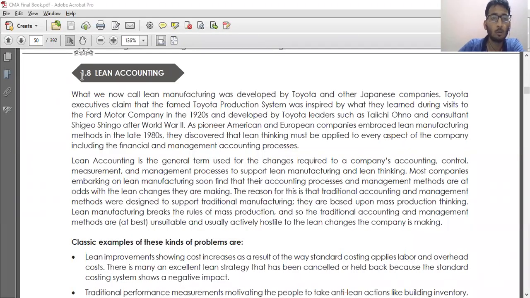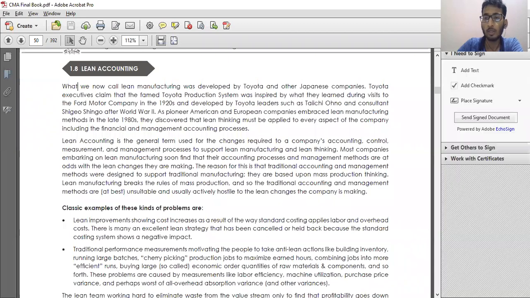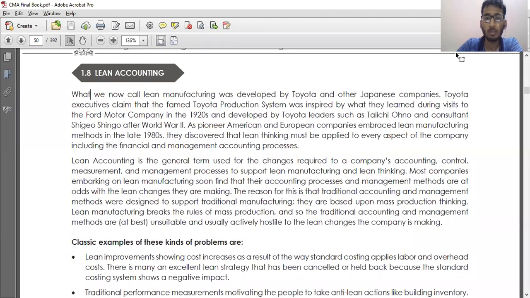We have read everything related to lean accounting, and definitely discussed this as well, but it's still given as a topic over here, so I do not take a risk to leave it.